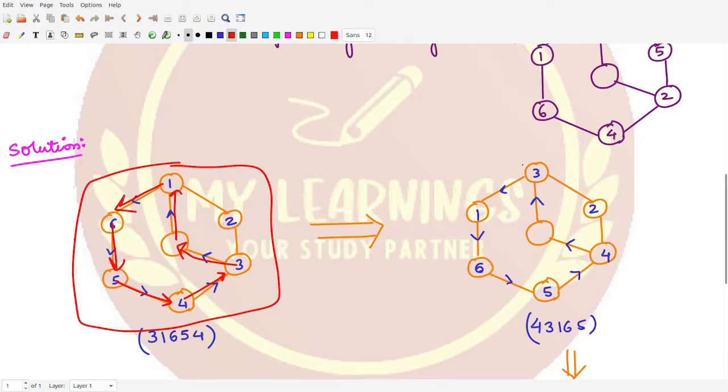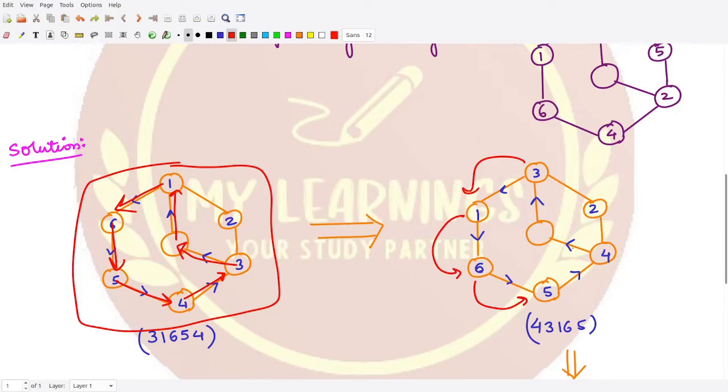So your 1 moves here, this 6 moves here, then 5 goes here, 4 goes here, and then this 3 moves here, passing over the empty space like this.